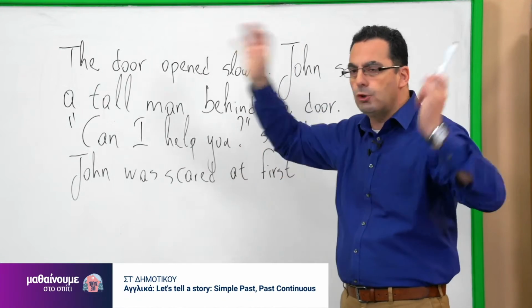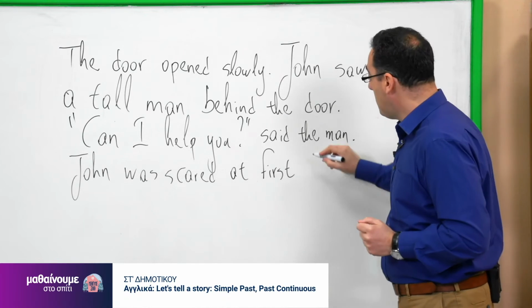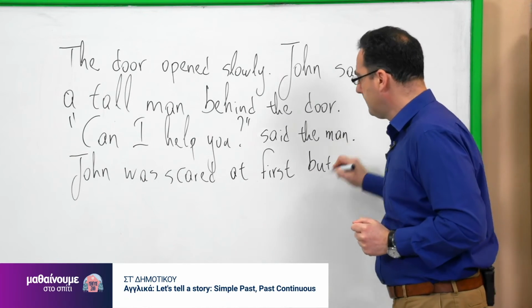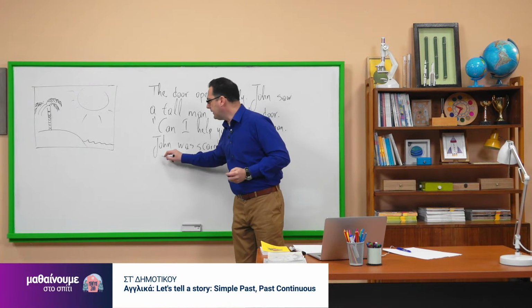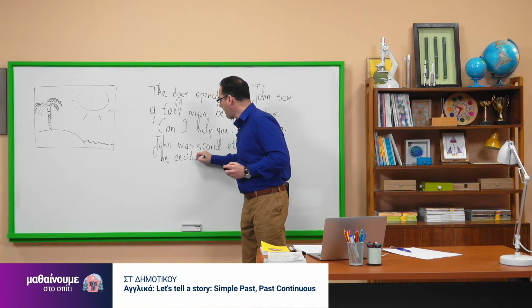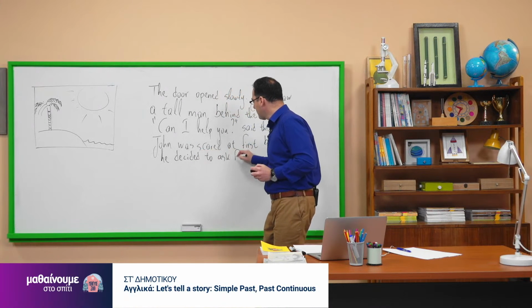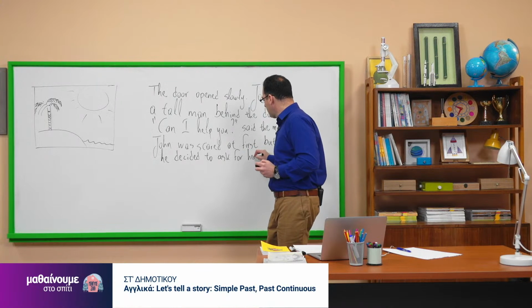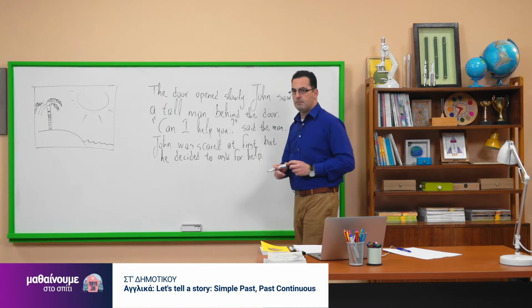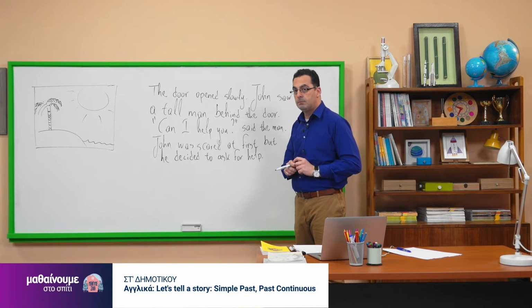It's raining, there's a storm outside. So John was scared at first, but what did he do? He decided to ask for help. Do you think the man is going to help him? Maybe.